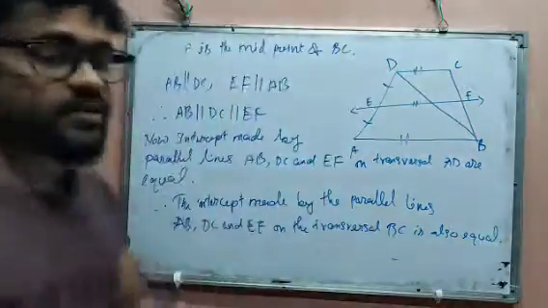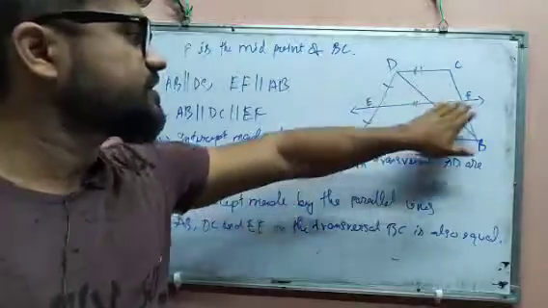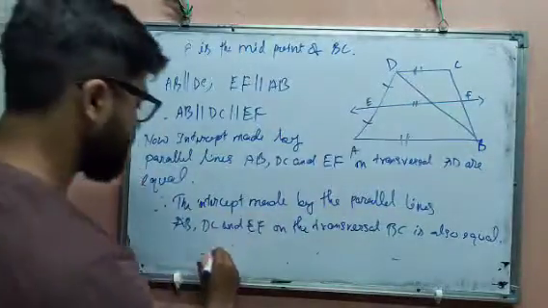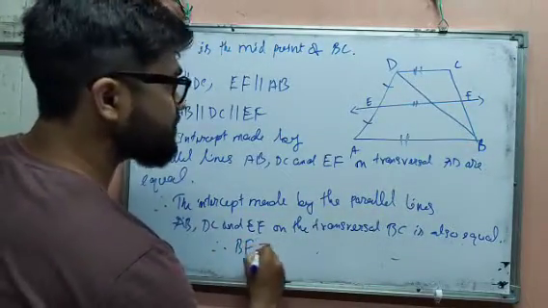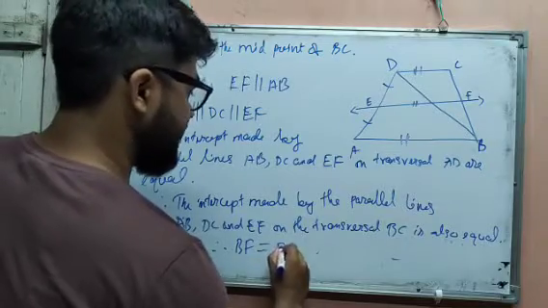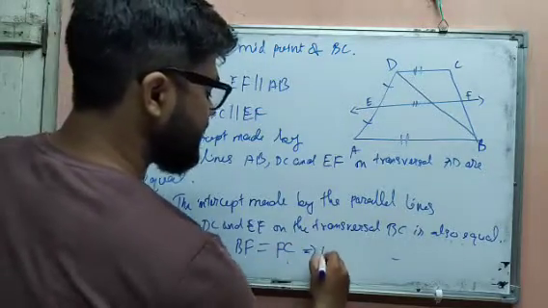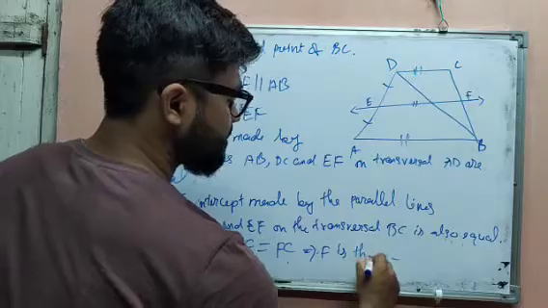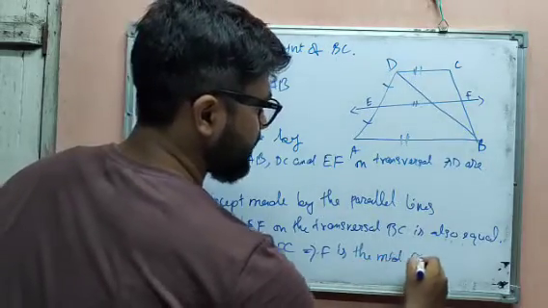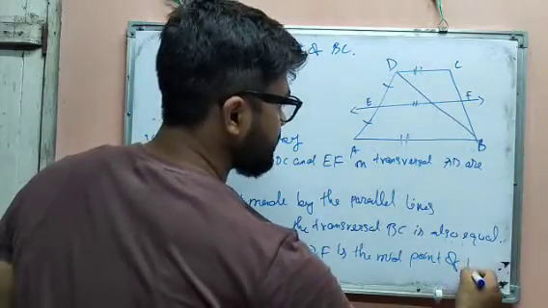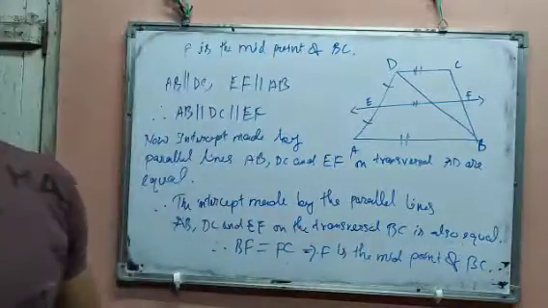This is also equal because the lines are the same parallel lines. Therefore, BF equals FC, or you can say F is the midpoint of BC, which is our required answer.